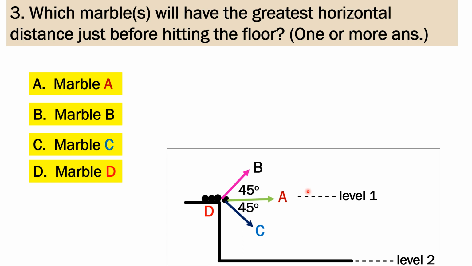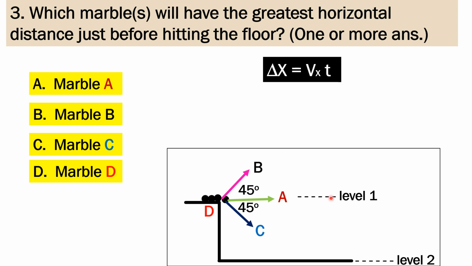To be able to determine which marble has the greatest horizontal distance, we need the equation that relates the range, or delta x, to two factors: the x component of the initial velocity and the time of flight. Now, exactly when marble B reaches this level 1, remember marble B still has to go up, reach the maximum height, then come back to the same level.